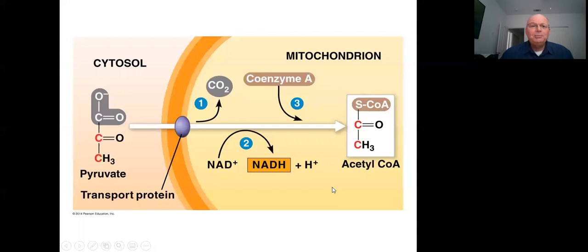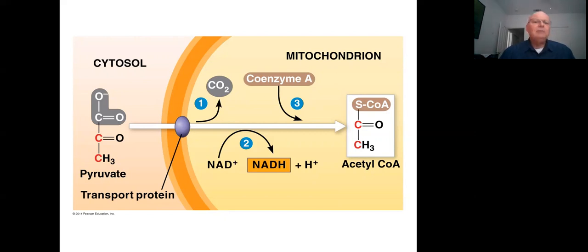Once it gets into the mitochondria through the transport protein, then rather than the pyruvate entering directly into the citric acid cycle, which is the next major step of cell respiration, it's going to be groomed, and the grooming results in the loss of a carbon in the form of carbon dioxide.